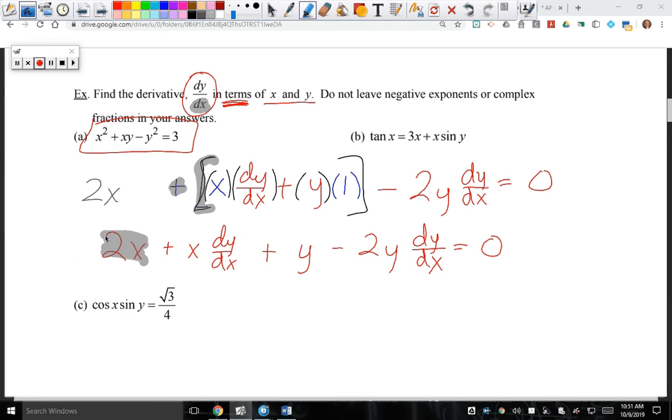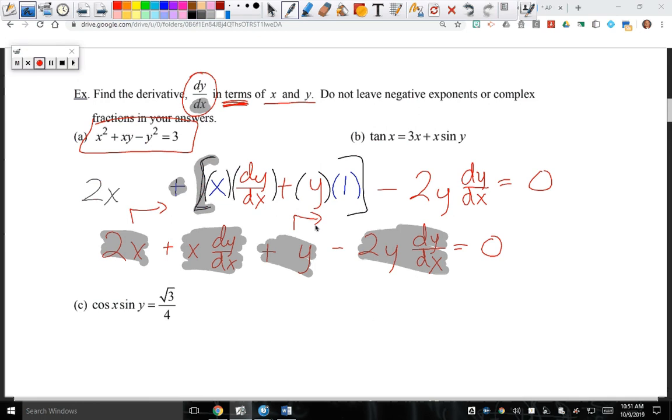I have 4 terms, and 2 of them have dy/dx. So if you want to save time and really reduce the amount of work, I would subtract the 2x, I would subtract the y, and I would also GCF the dy/dx all in the same step. If you don't see that right now, then do it by hand one at a time, okay?